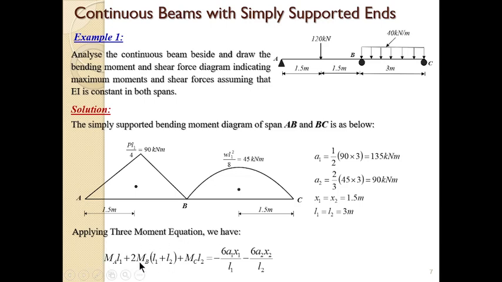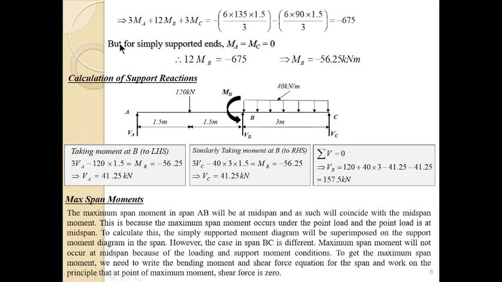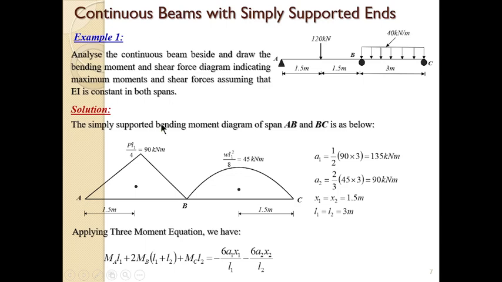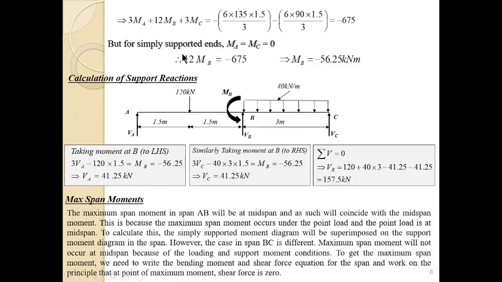So the next step is to apply the three-moment equation. We write the three-moment equation for these two spans. By the time we come here, we put in the parameters. L1 is 3, so L1 M_A is 3 M_A. Now at this other place, L1 plus L2 is 3 plus 3 equals 6, multiplied by 2 equals 12. So that's how we have 12 M_B here.